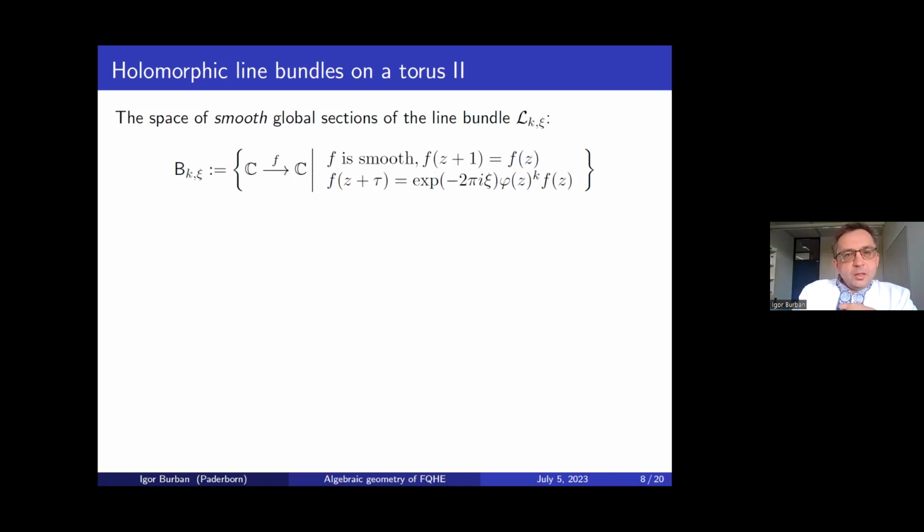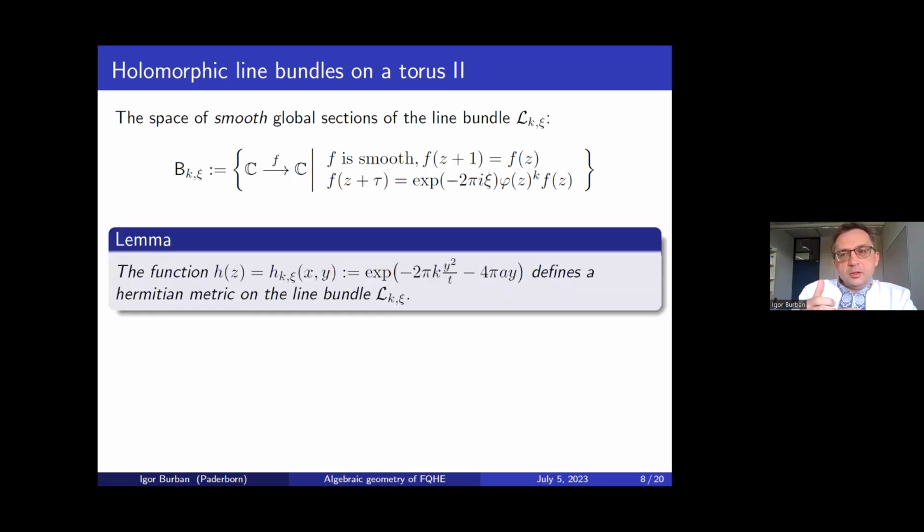Next, my line bundle carries another structure, namely a Hermitian metric. What does it mean? If I have a local section, then over each point the fiber has a length.